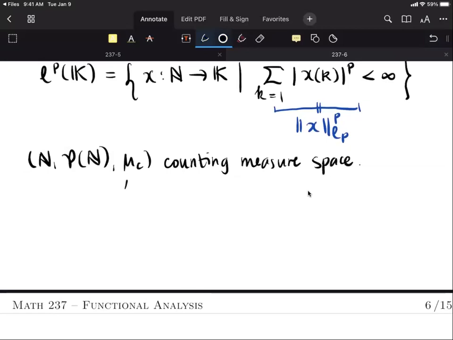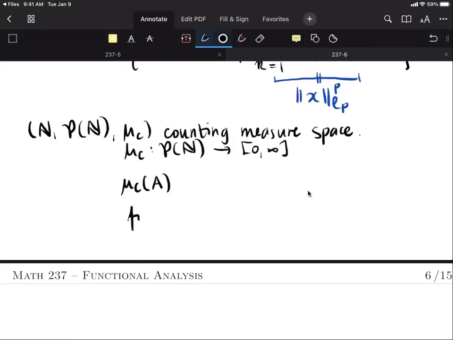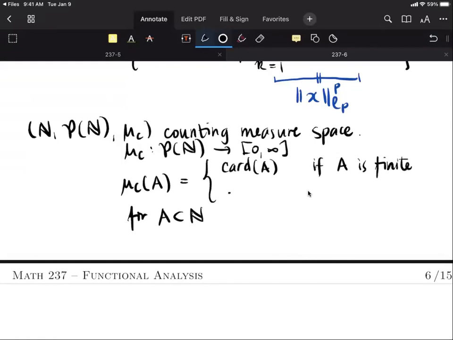What is the counting measure? The counting measure is defined on all subsets of N. From the name itself, the counting measure of a subset A of N is the cardinality of the set if A is finite, and it is infinity otherwise.